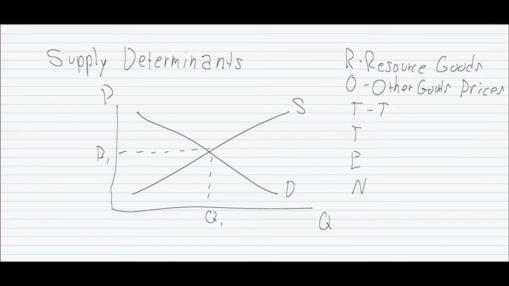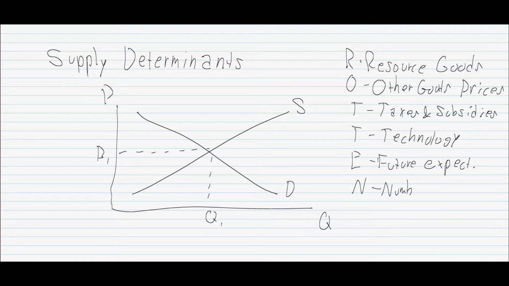T is taxes and subsidies. Other T is technology. Obviously it doesn't matter which way you put those as long as you remember both of them. This is future expectations, just like on demand. Abbreviate expect. And this is number of sellers.